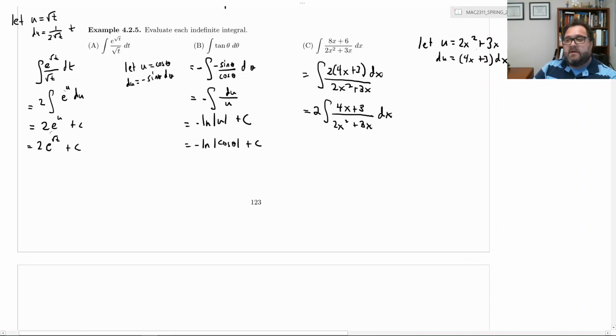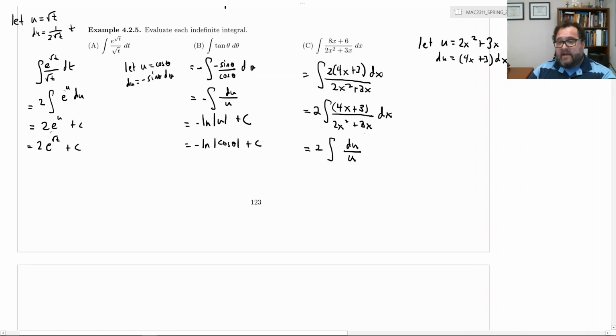And now my substitution takes care of this perfectly, because the denominator turns into a u, and my numerator turns into du, because that is exactly what du is equal to.